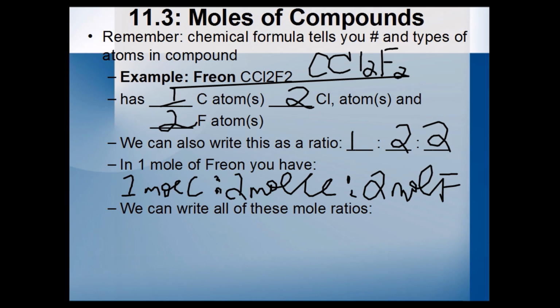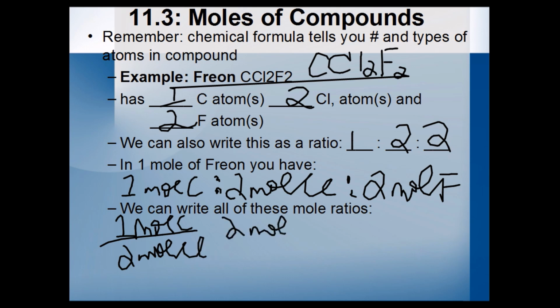We could say we have 1 mole of carbon to 2 moles of chlorine. We could reverse that and say we have 2 moles of chlorine to 1 mole of carbon.